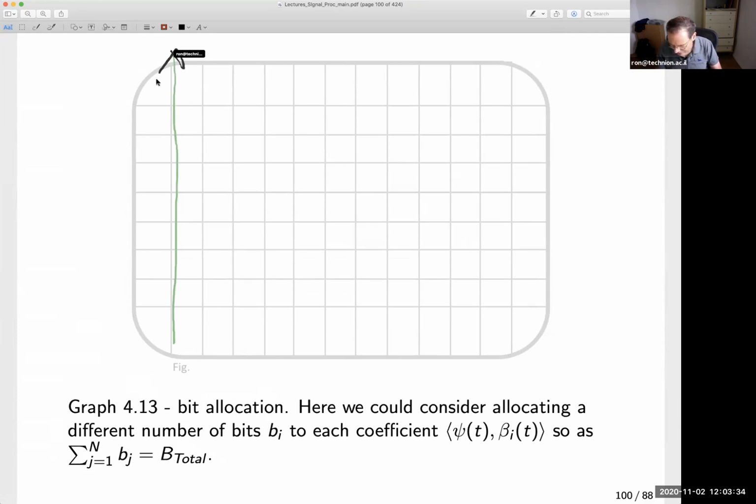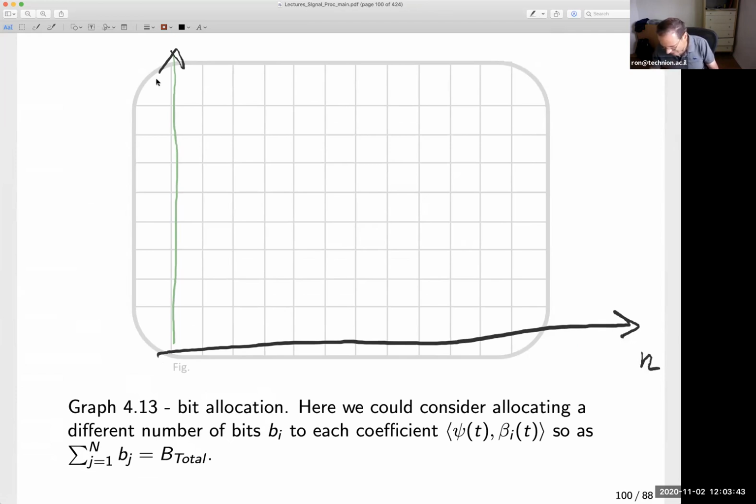So what we have here, the x-axis would be my number of bits that I'm using. I mean, it would not be the number of bits, but rather it would infer to k, which would be 2 to the power of b divided by n. So n would be this axis.